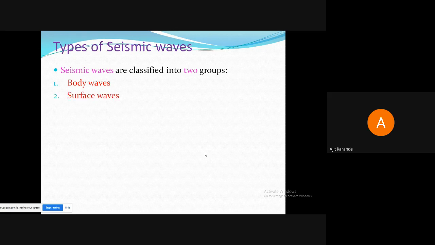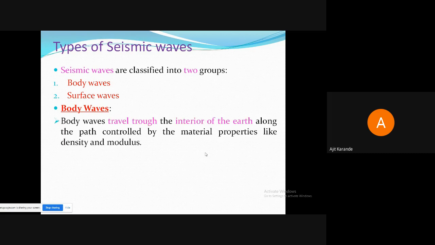So let's see the body waves first. Generally body waves are of two types. Body waves are subdivided into two types. First one is the P waves and second one is the S waves, also called primary waves and secondary waves.